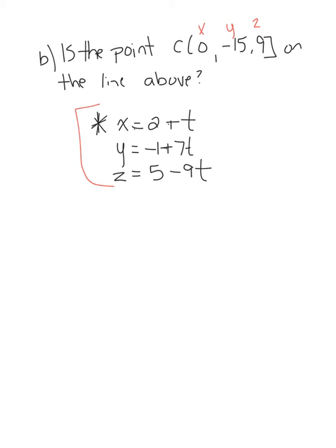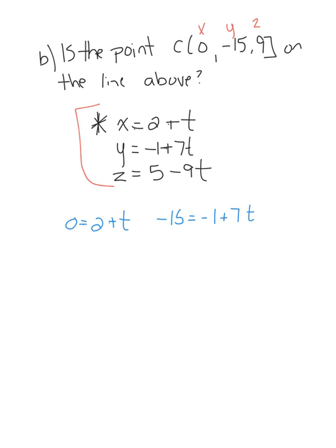So let's just get started plugging these numbers in. I am going to have 3 equations here. So 0 is equal to 2 plus t. My second will be -15 is equal to -1 plus 7t.